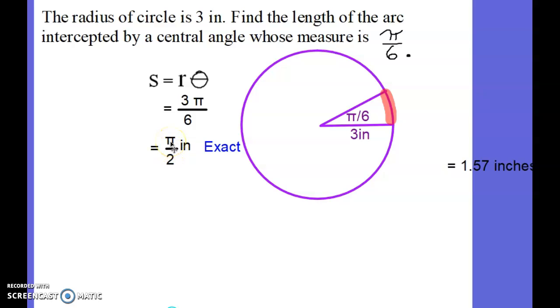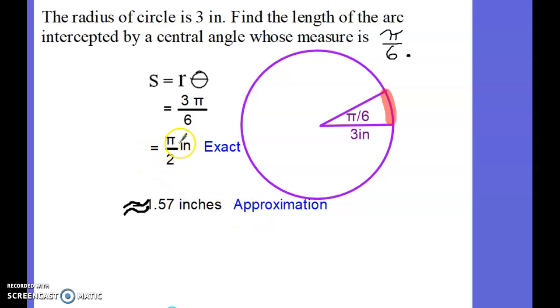Now, you know that pi keeps on going on and on forever. And if I punch pi divided by 2 in the calculator, I would get 1.57 inches. Remember, this is an approximation. So instead of an equals, maybe I should have done these squiggly lines like that. 1.57 inches is the approximation.